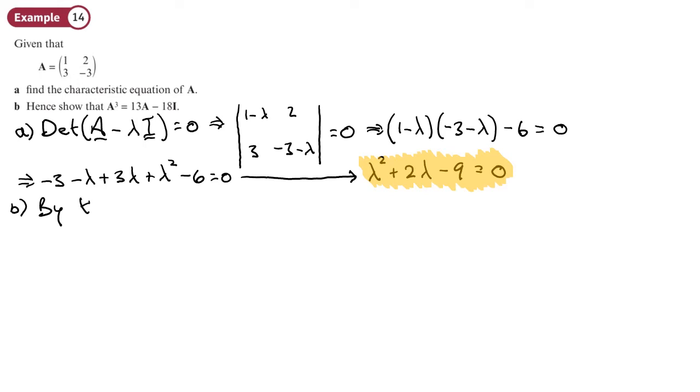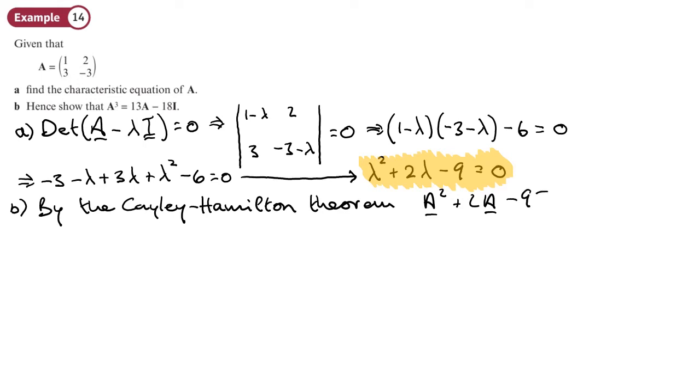Whenever you use any type of theorem, you should always make a statement that that's what you're using. So by the Cayley Hamilton theorem, we will have A squared plus 2 times A minus 9 times the identity equals 0.